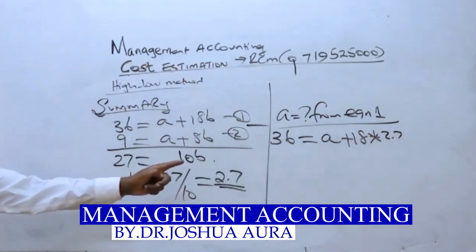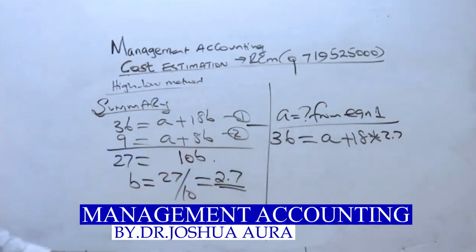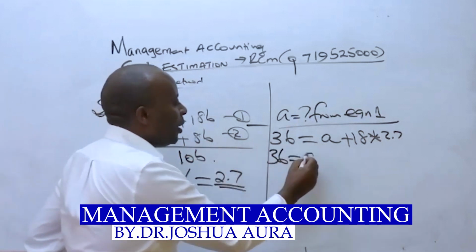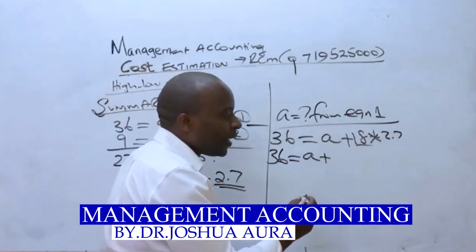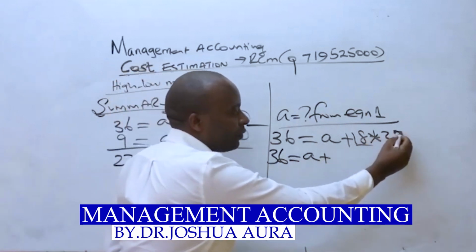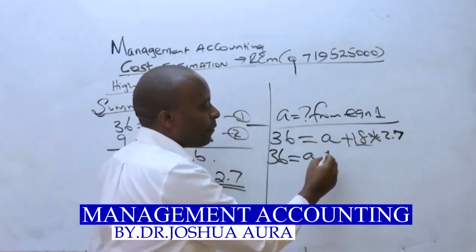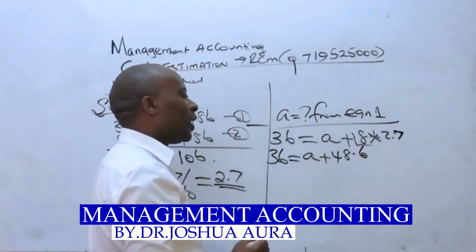So I'll cascade this down further. This will be 36 equals A plus, what is 18 times 2.7? 48.6. Thank you very much.